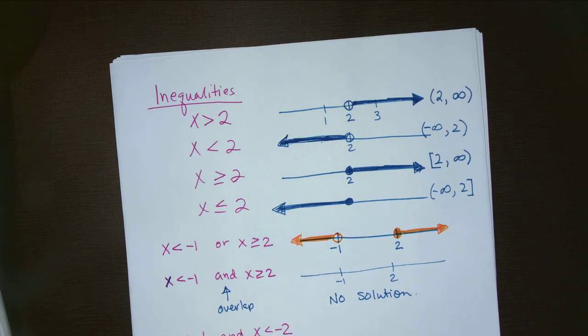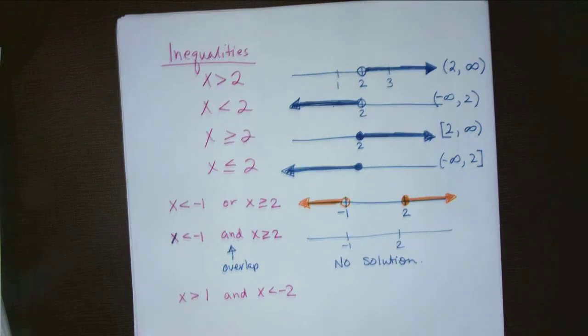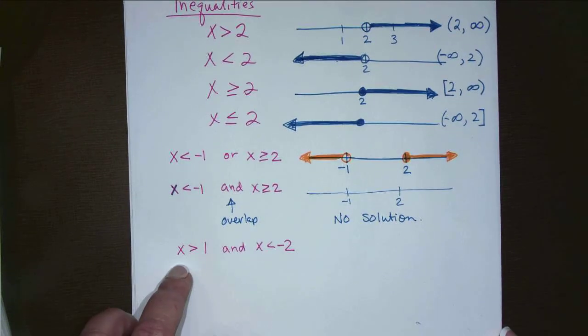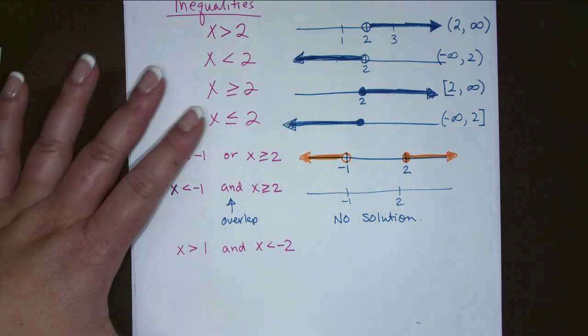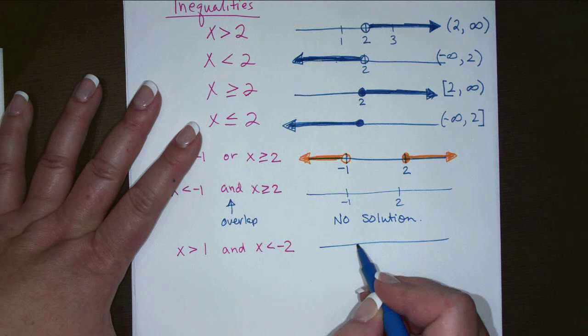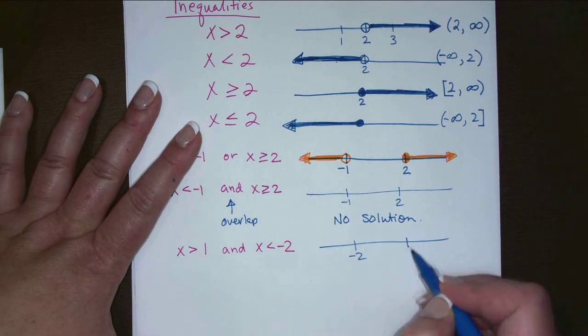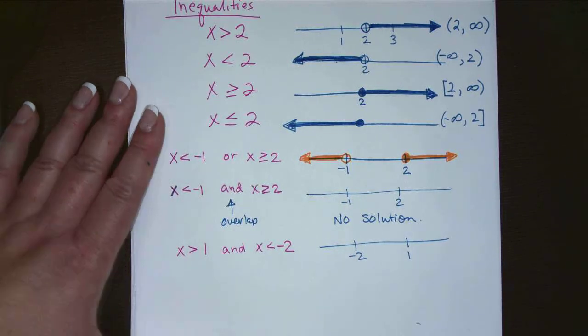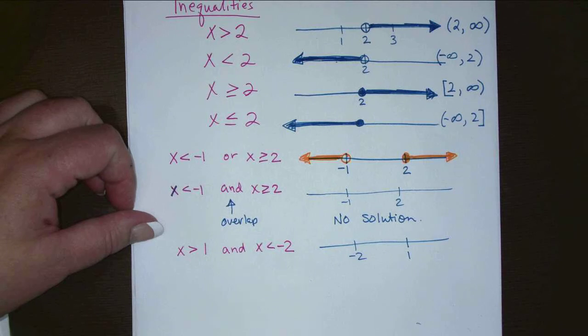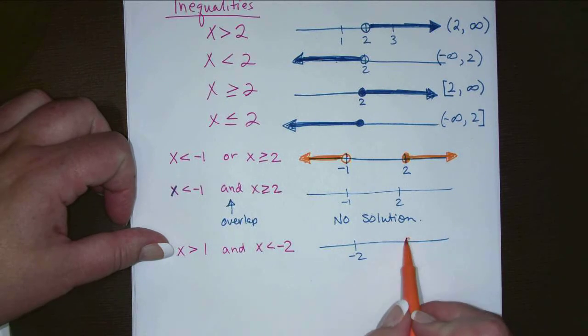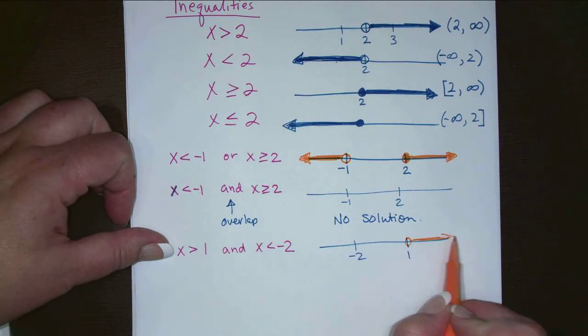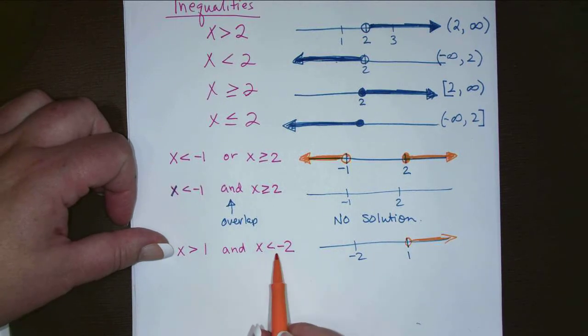Okay, there's lots of different cases, but what about this one? x greater than 1 and x less than negative 2. So there has to be an overlap because of the word and. If we draw the number line, we have a negative 2 this time and a positive 1. So put the numbers on in the right order, and then you sort of jot down what it is. Greater than 1, not equal, so that's over here, and less than negative 2.